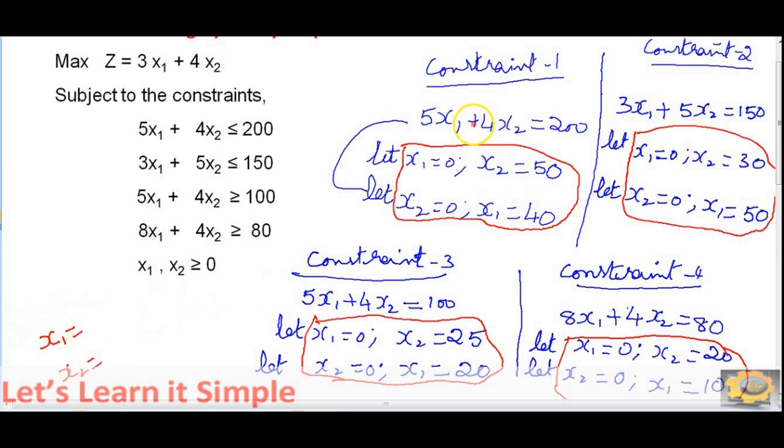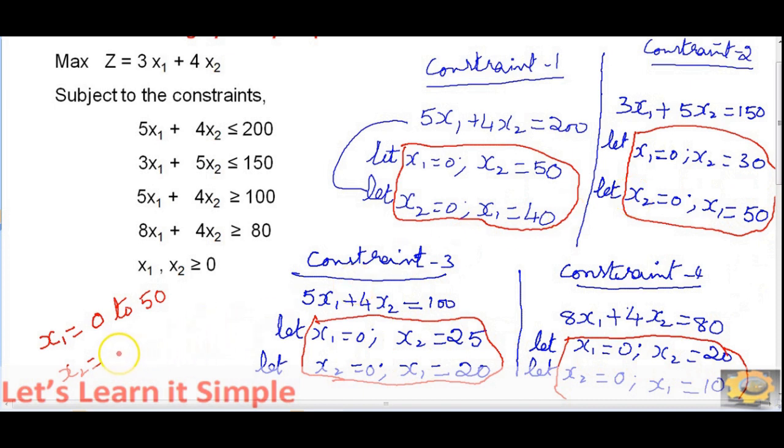If you look at x1, the minimum is 0, then 40 here and 50. So, x1 ranges from 0 to 50. Next, x2: 0 here, x2 is 50, 25 here, 20 here, 30 here.